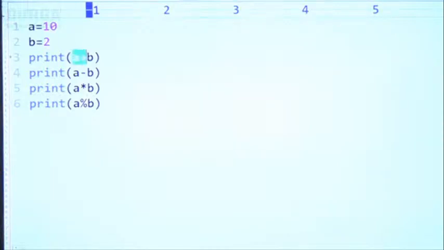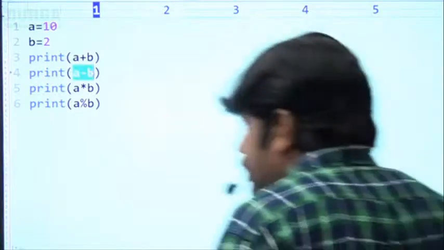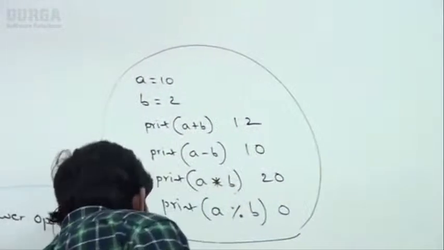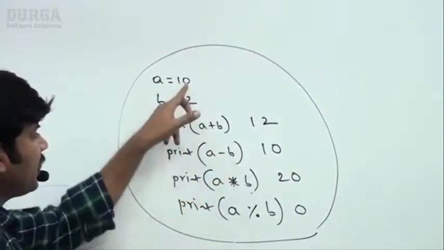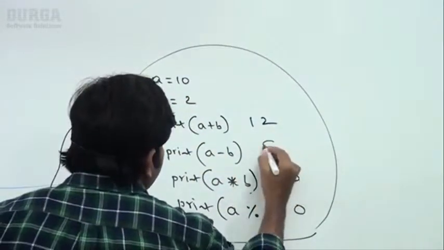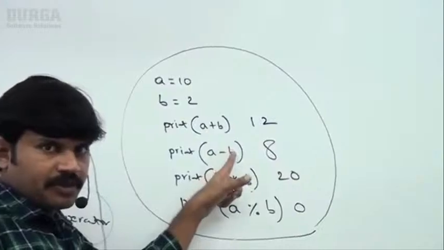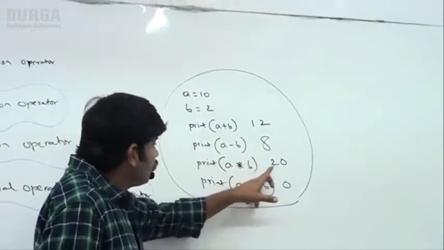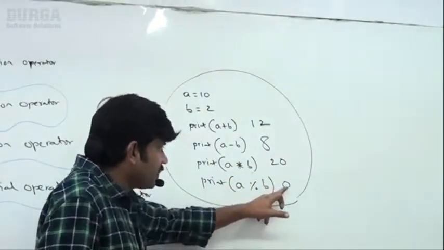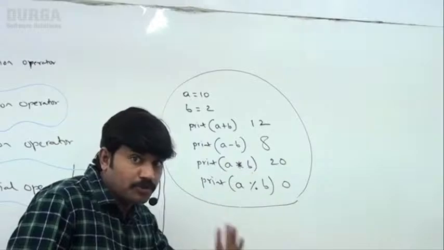So first, 10 plus 2 is 12, next 10 minus 2 is 8. Have you observed right here, A minus B, 10 minus 2, its value is 8. And then 10 into 2 is 20. A percent B is nothing but 0.